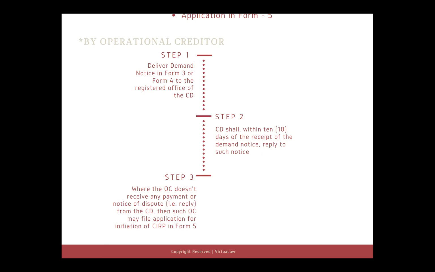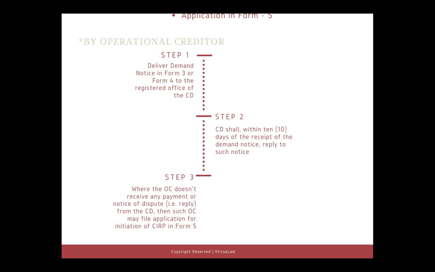And in addition, the corporate debtor can demonstrate that there is a dispute. So there is an existence of dispute, and where a corporate debtor establishes that there is an existence of dispute, the operational creditor now has to deal with that. Now what is the relevance of this existence of dispute?